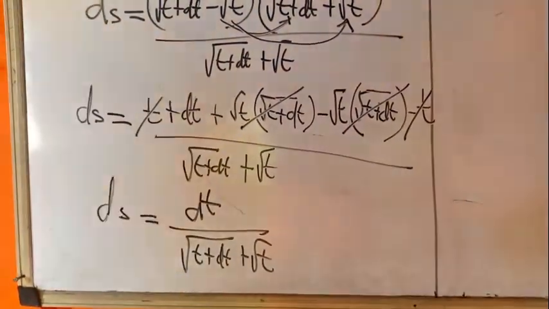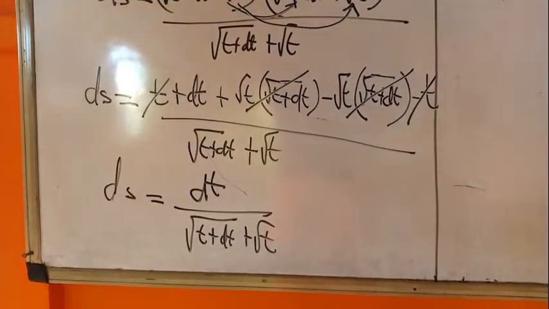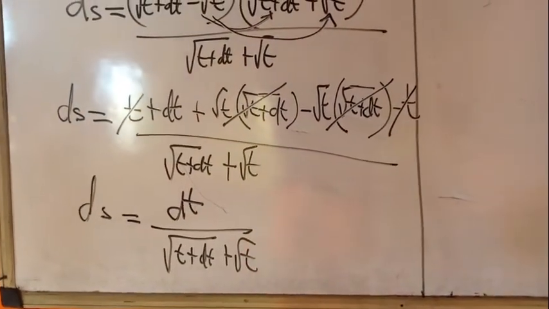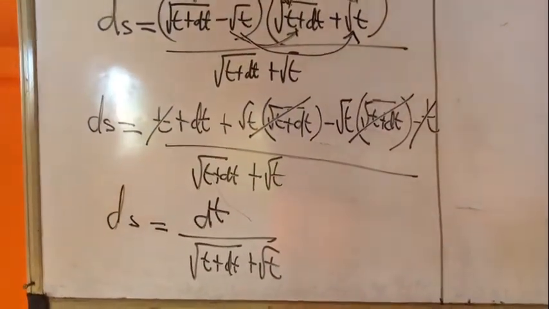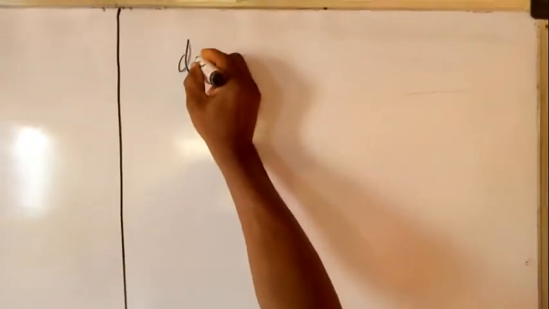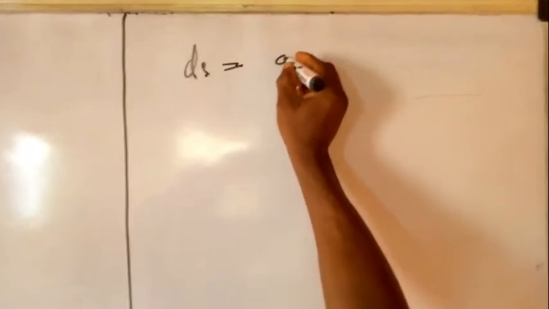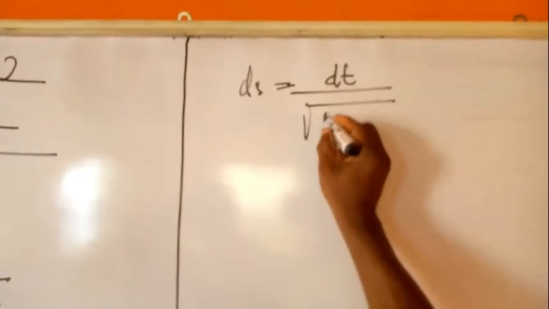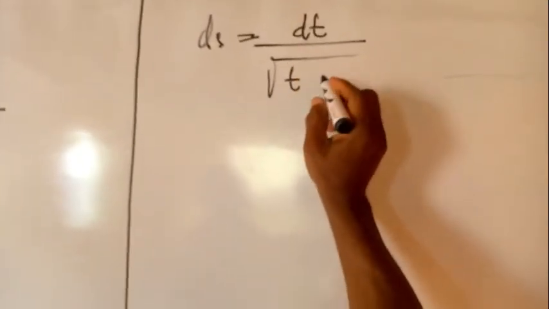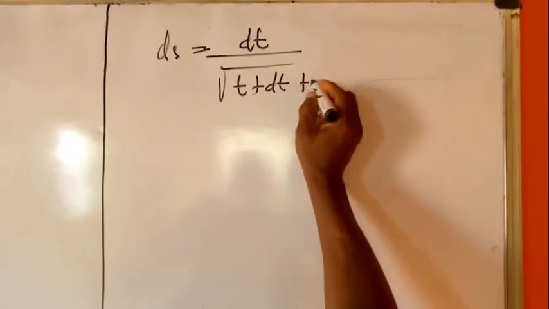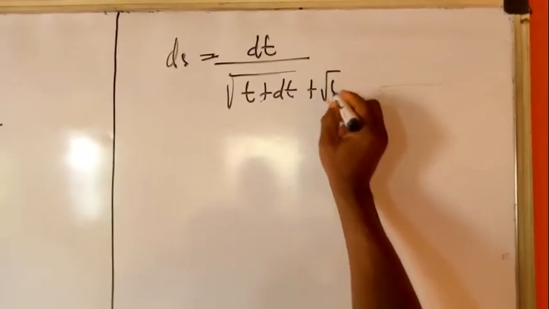So carefully go through that and see what you have, so that you'll be very conservative with your principles and how you are moving. It's a careful movement, just simple surd. Then you can now say that the δx is equal to dt all over root t plus dt plus root t.